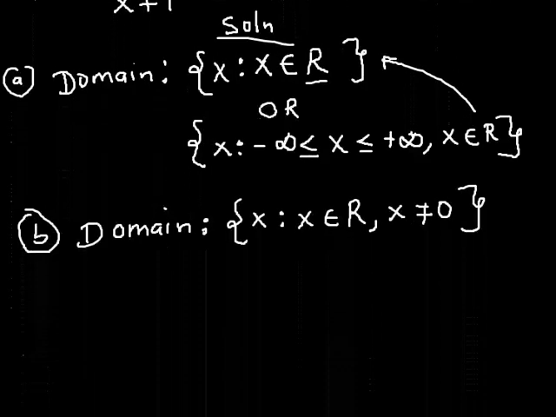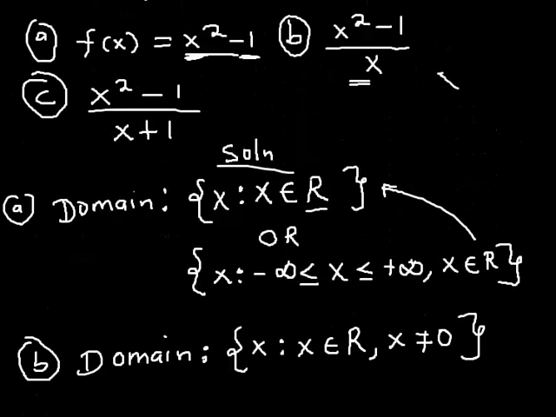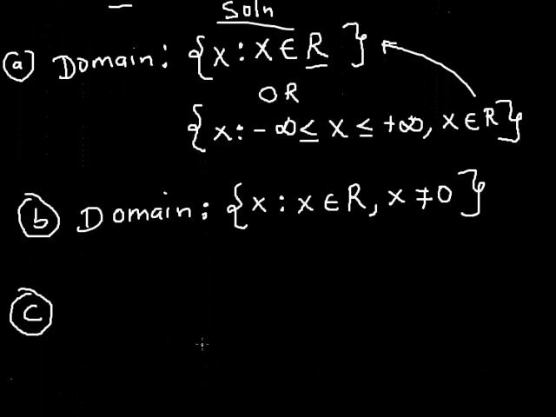So let's look at C. The same thing happens here. C is also a fraction. What is the value of x that will make the denominator of this fraction equal to 0? I know very well that if x is equal to -1, then the denominator of this fraction is equal to 0. So that simply means all real numbers are possible for the value of x, except x being equal to -1. I can still write it in set builder form.